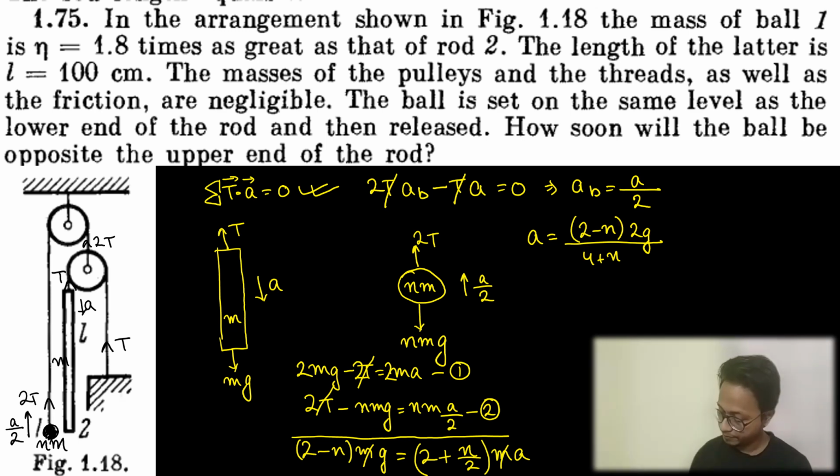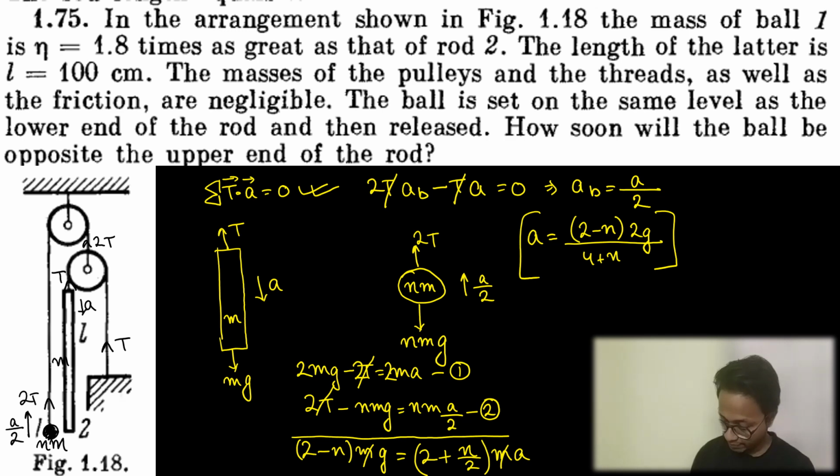Fair and fine. Now the question was asking, what was the time taken by this block to cover the distance L? That means this block will come down and this ball will move up. So what is the time taken for this block to reach the top of the cylinder?